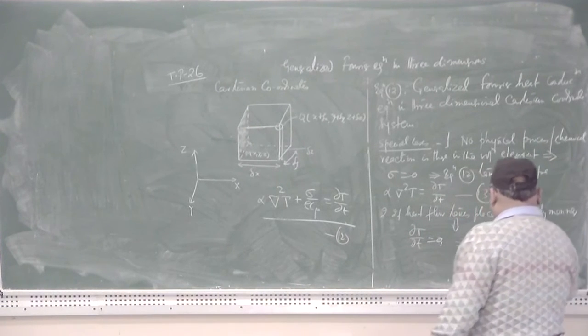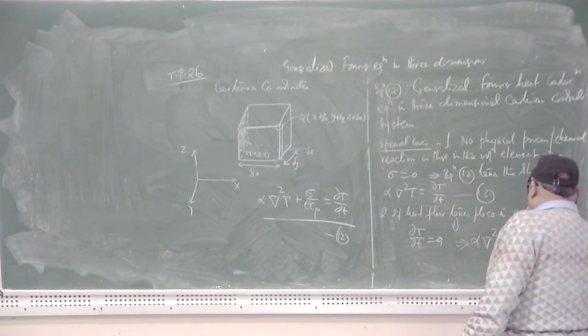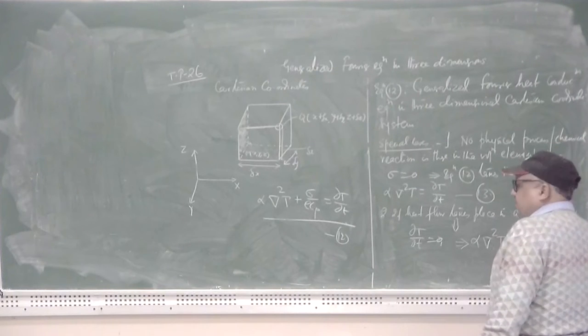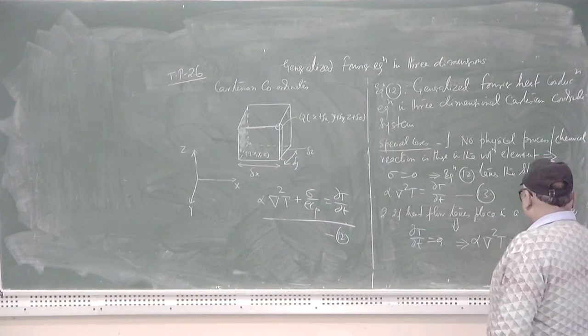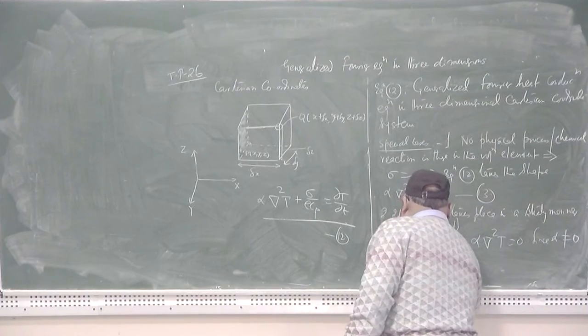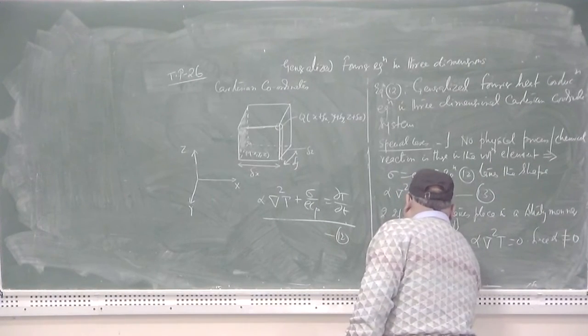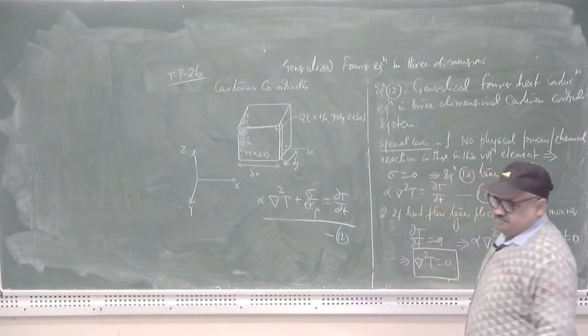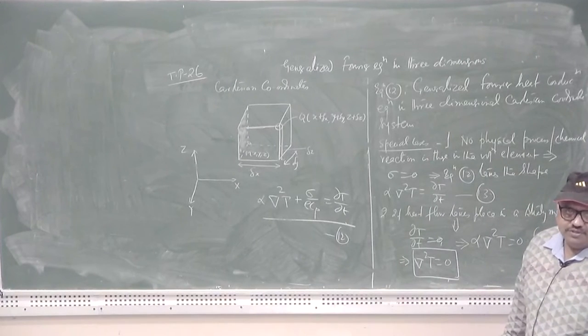Now, since the thermal diffusivity of the material can never be equal to 0, so del square T is equal to 0, and this is the Fourier equation in the steady state. Del square T is equal to 0.